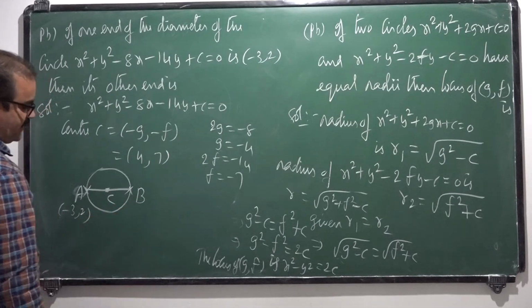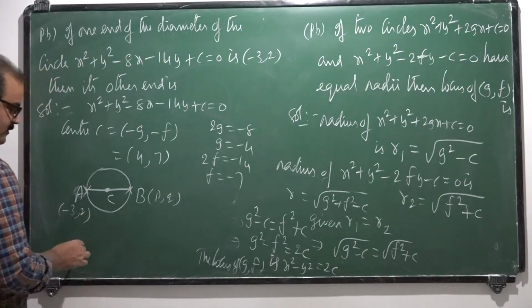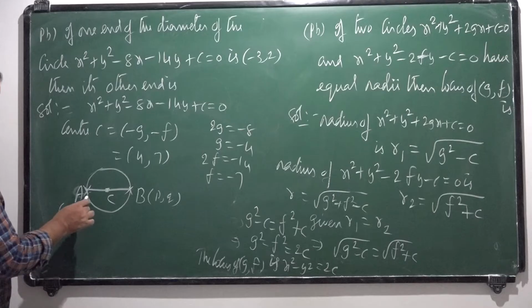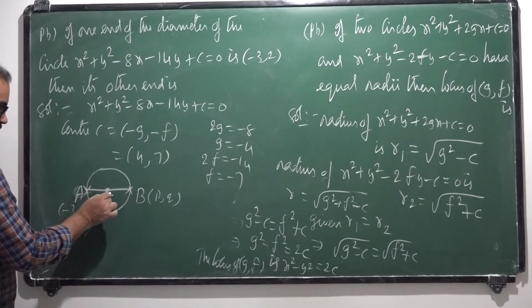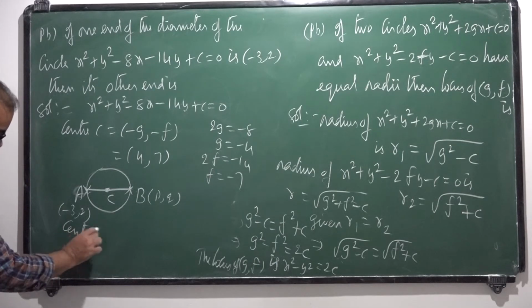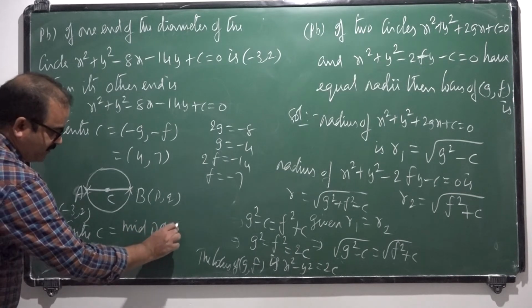We find the other end. Let the other end be P comma Q. If A and B are ends of diameter, then the midpoint of AB is equal to the center C. So center C is equal to midpoint of AB.